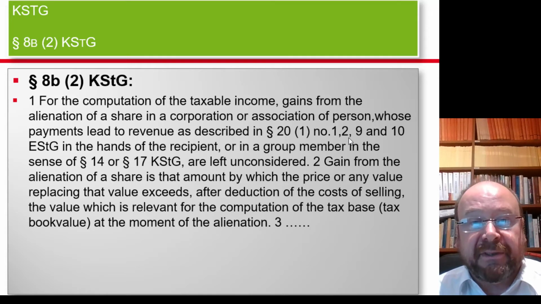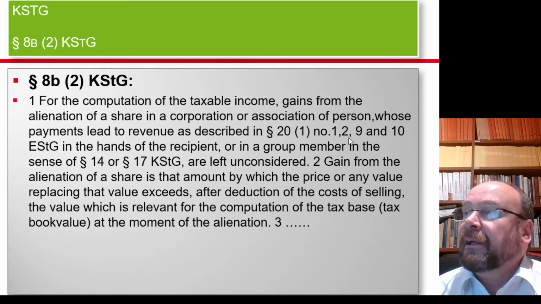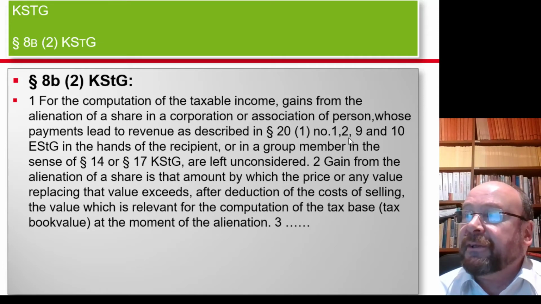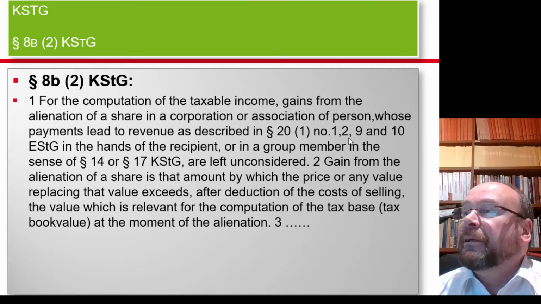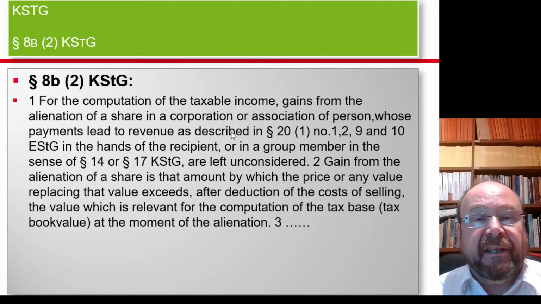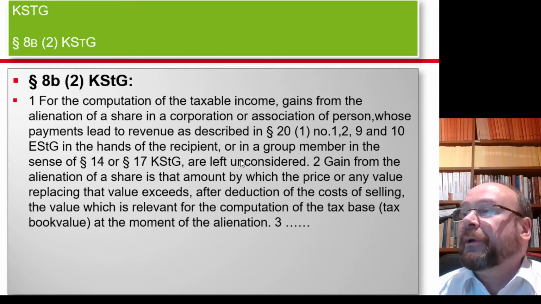When you compute the taxable income, then gains from selling shares which can pay out dividends in the hand of the holder are left unconsidered. That's again that nice, polite way to avoid the brutal word: tax-free.